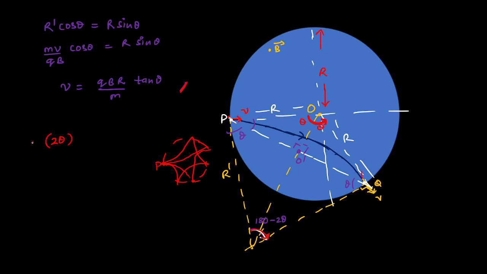Let me use some m as a number. So m is for mass, so let me use some a or something. A times 2 theta should be equal to 2 pi. Suppose a times 2 theta is equal to 2 pi, what does that even mean?